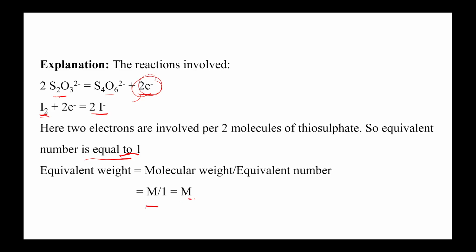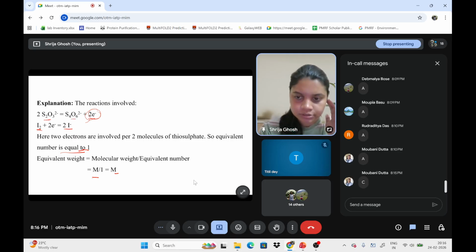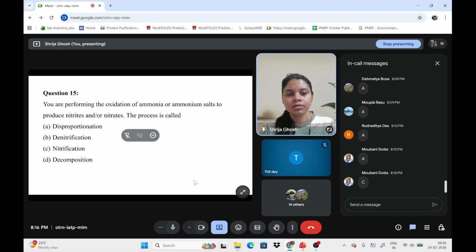So m by 1 is m. So the equivalent weight of sodium thiosulfate is equal to the molecular weight of sodium thiosulfate. Does anyone have any doubt in this? Let me know if you have any questions.